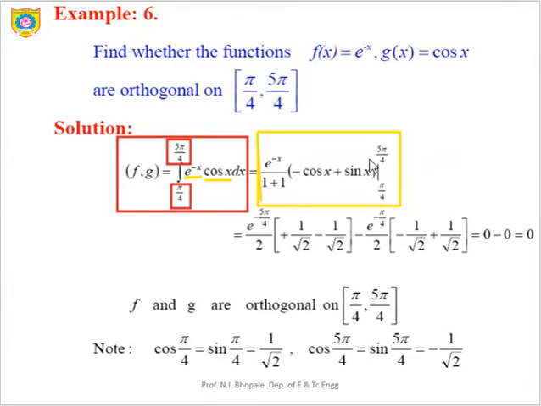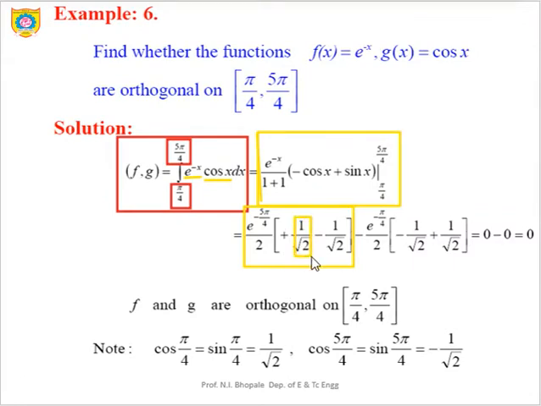Let's apply the limits on this. Replace x by 5 pi by 4 first, and minus the same with pi by 4. By applying the limit 5 pi by 4 instead of x, this is the case. Here the sine of 5 pi by 4 as well as the cosine of 5 pi by 4 are actually negative values of 1 by root 2.